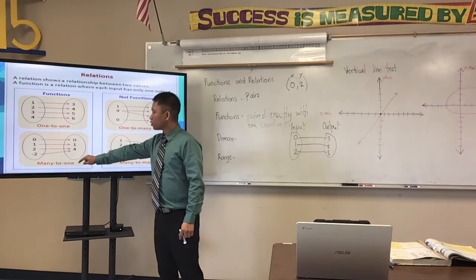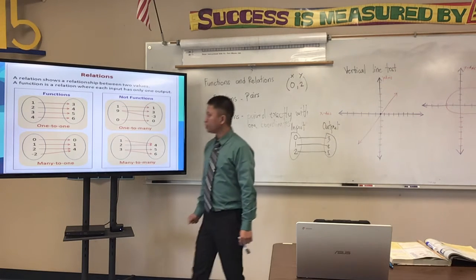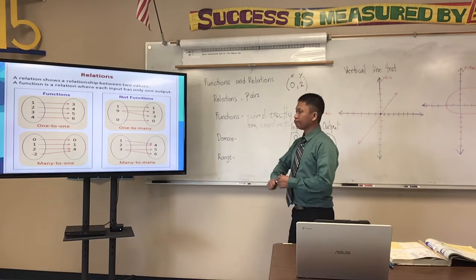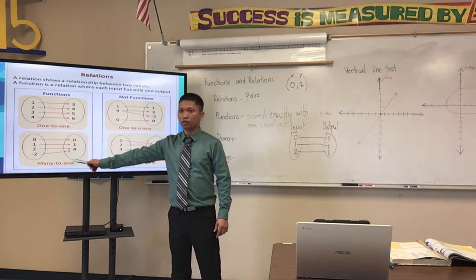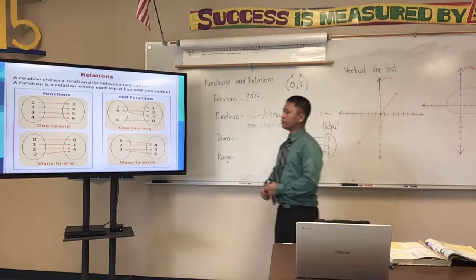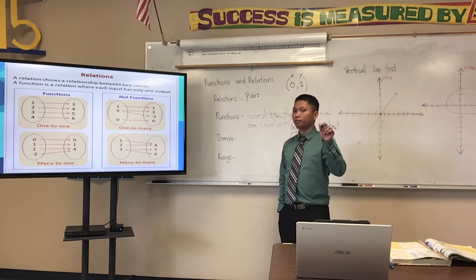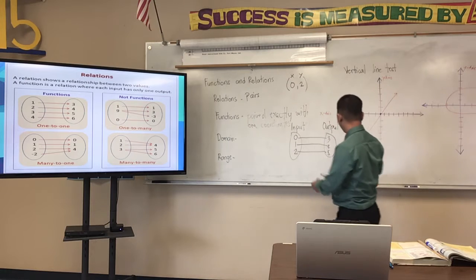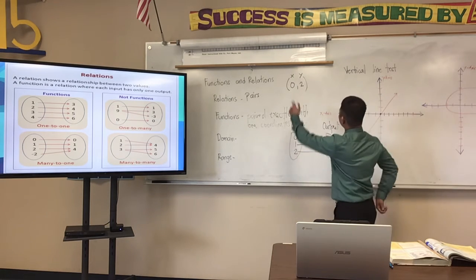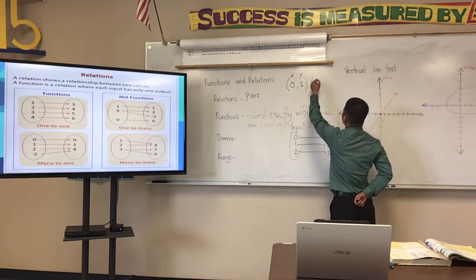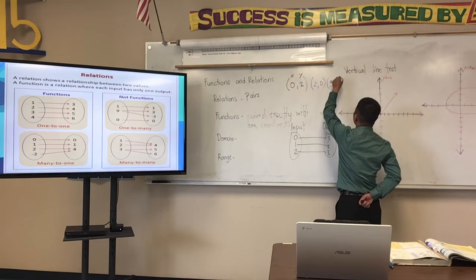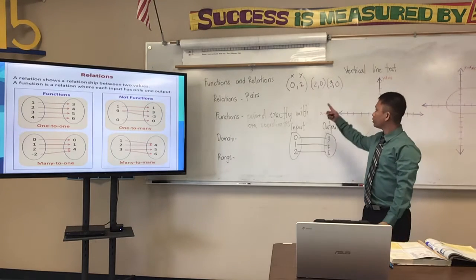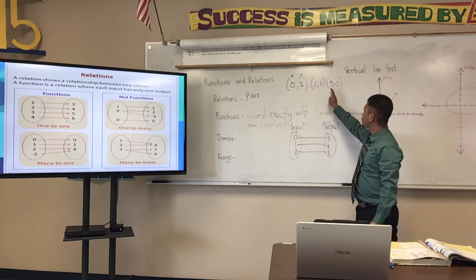Okay? We also have many-to-one. It means that our domain corresponds to an output, so it can be many-to-one. For example, we have the ordered pairs (0, 2), (2, 0), (3, 0).